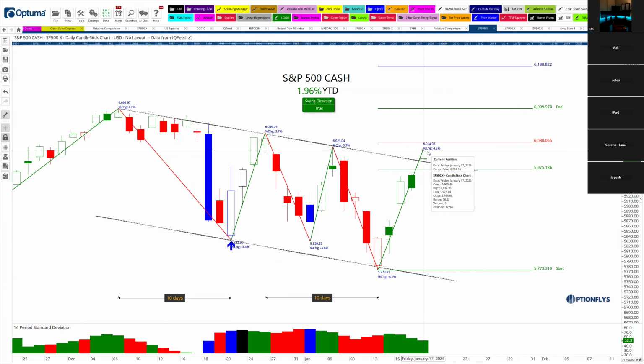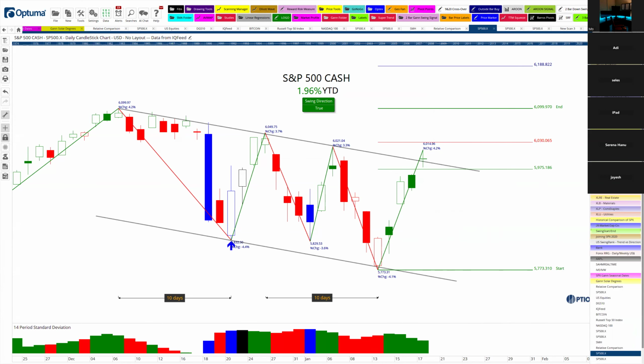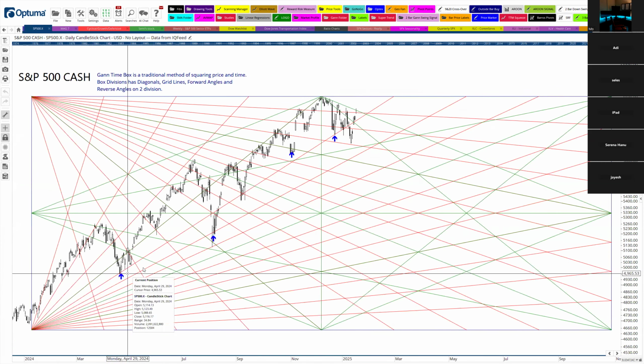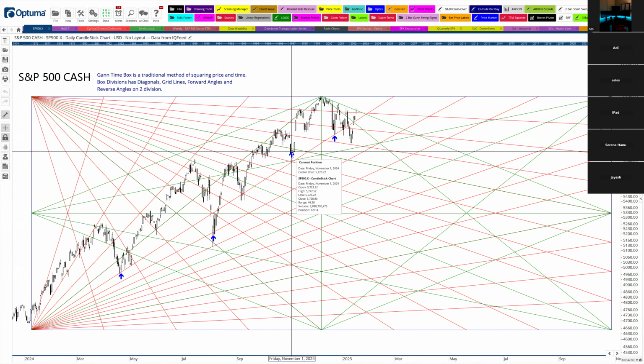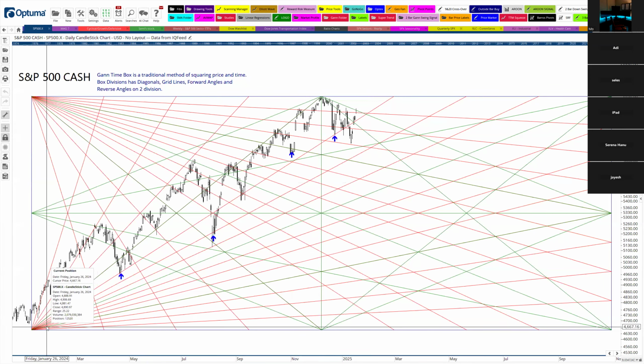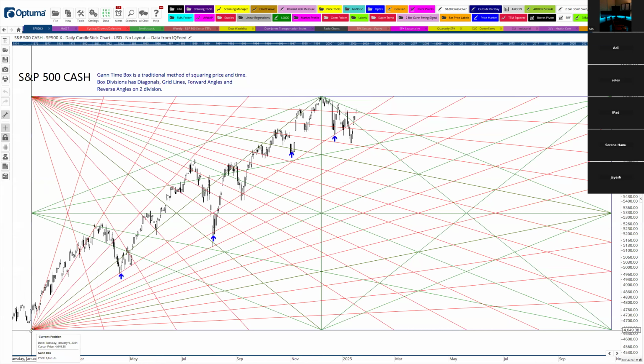You don't get them that often. What I mean by that is these are the three that I got last year. This is January of 2024, the 2024 low. That's where we start the year.